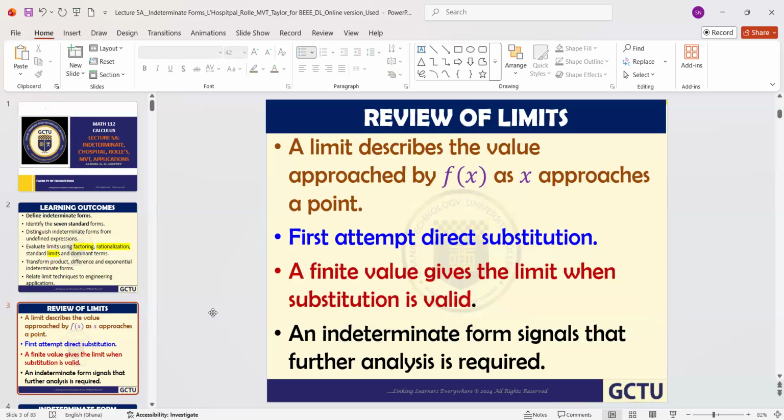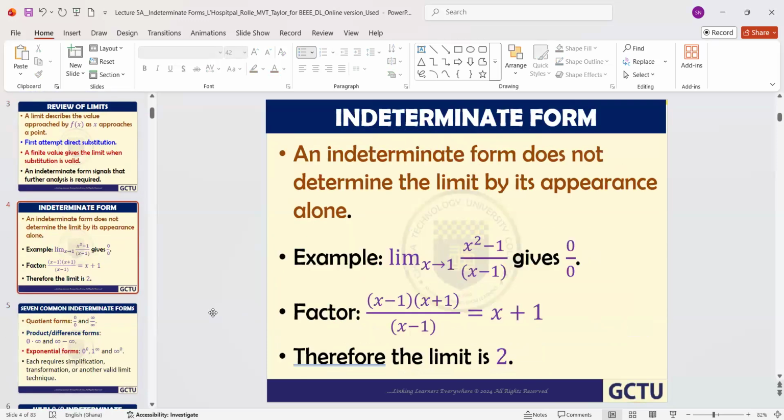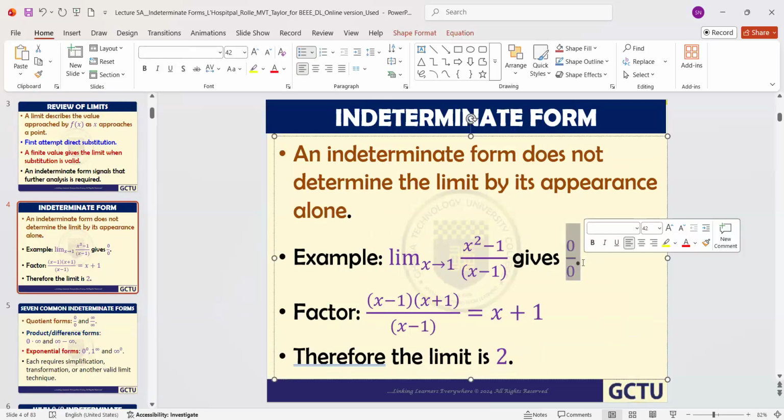If it is not okay, then we will approach the question using the various techniques in indeterminate form. So the indeterminate form, like I said, does not determine the limit by its appearance alone. So when you get 0/0, it may not necessarily be the answer to the limit. So sometimes you may have to go ahead and do some things.